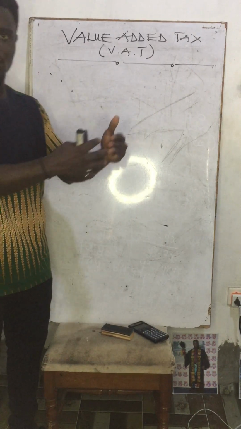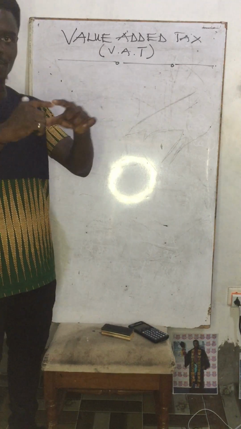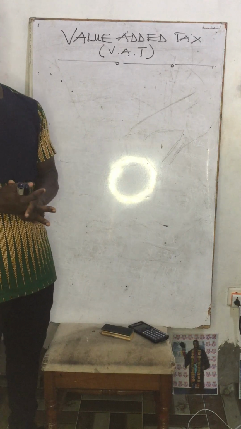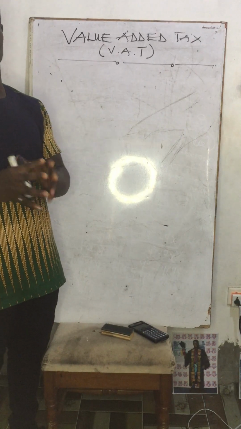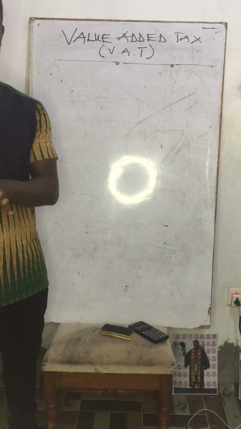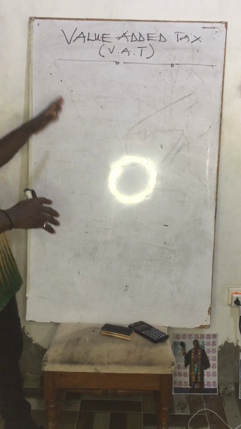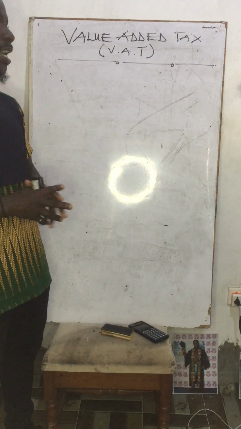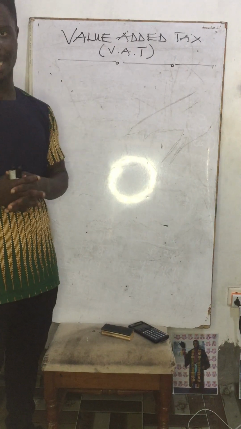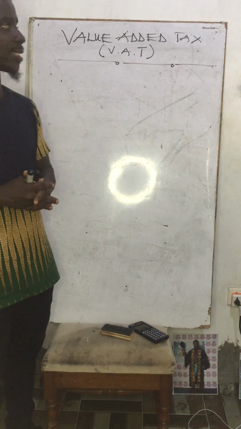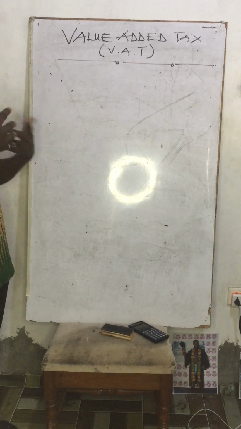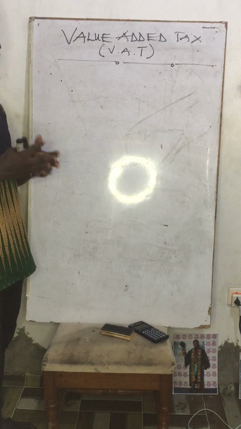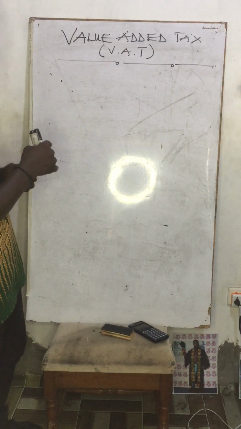We can get the value added tax there too, so that when you calculate the total cost of the item bought, you see the amount you paid. So value added tax is the indirect tax, and income tax is the direct tax.